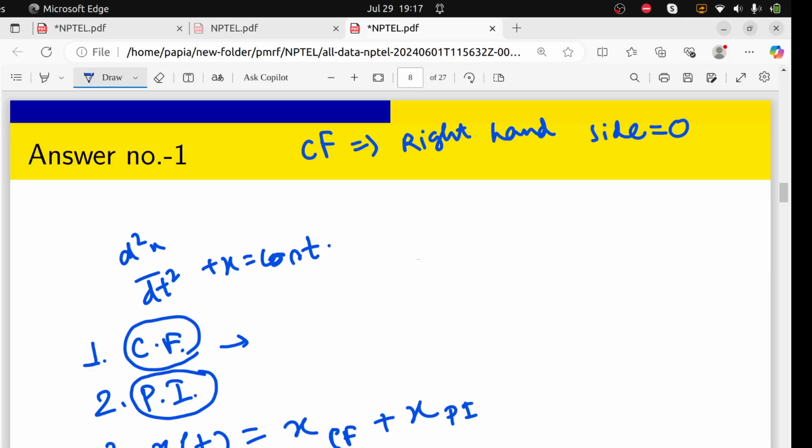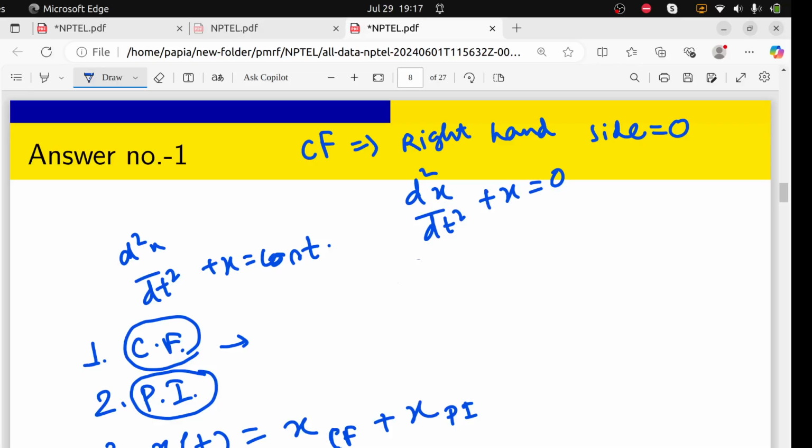If I put it at 0 for CF calculation, then my expression will be simplified as this. Whenever you have doubt in any line, you can just stop me and ask me, so that it will be very clear for me in which line you have more doubt.